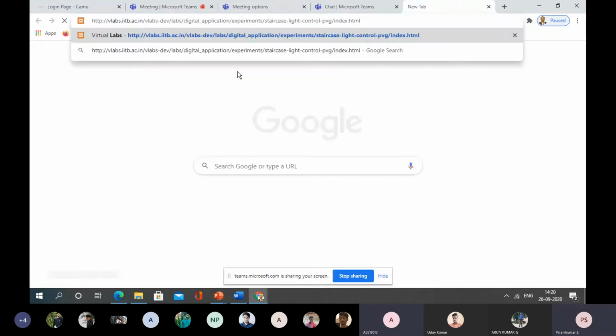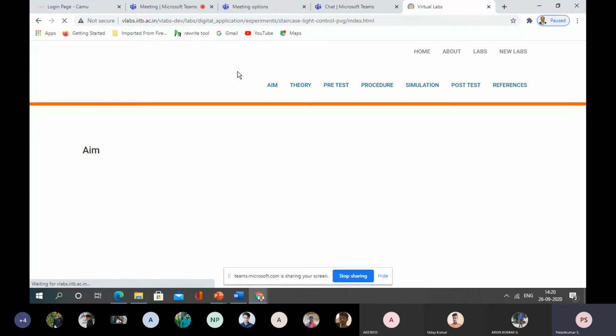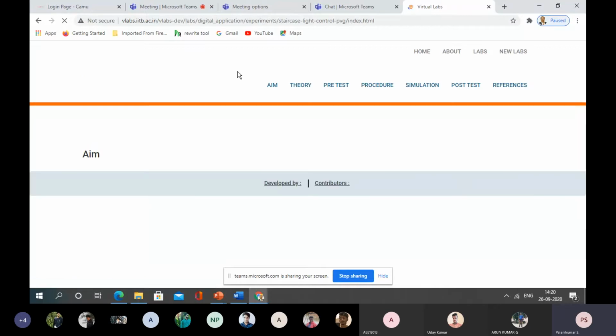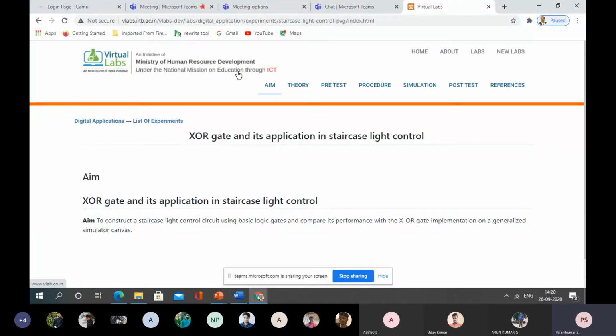I have also pasted it. It takes you to a particular experiment that is created in the virtual lab. So you need not go and search for that experiment, as I already told. Repeatedly telling, our experiments, especially electrical workshop practices, are not available as a single lab.